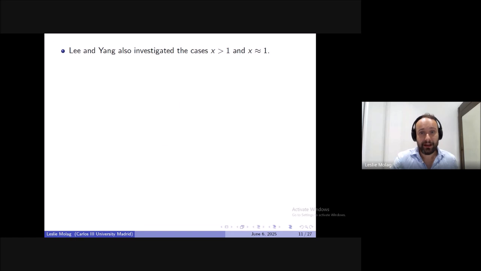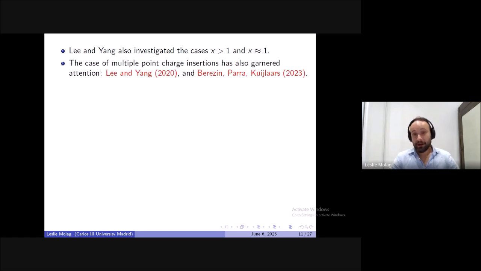As I mentioned before, they also investigated the cases where the point insertion is outside of the droplet or on the droplet boundary or close to the droplet boundary. I will omit these details, but they also did that.